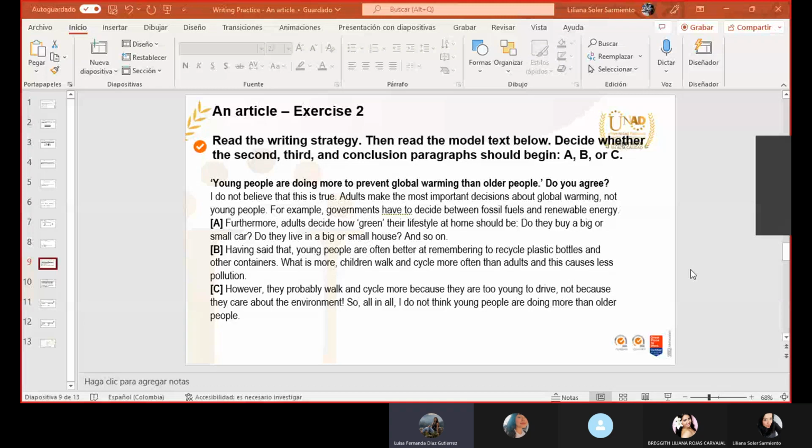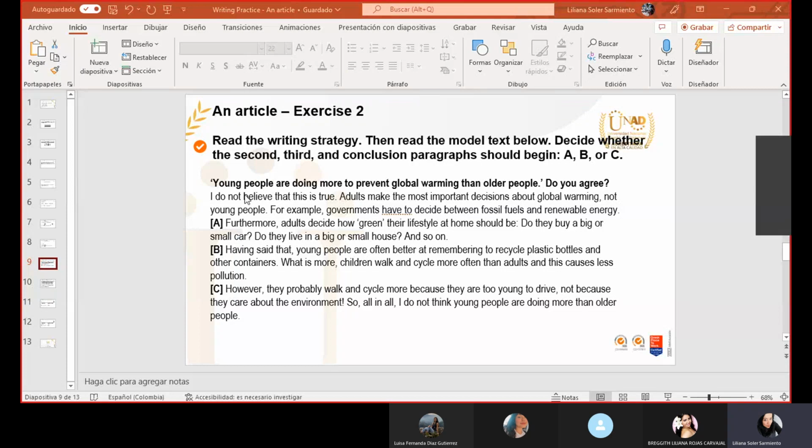So, all in all, I do not think young people are doing more than older people. Okay, thank you.